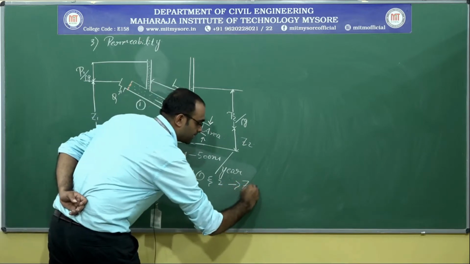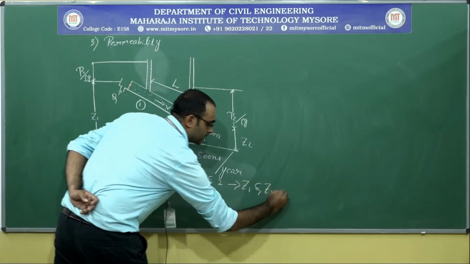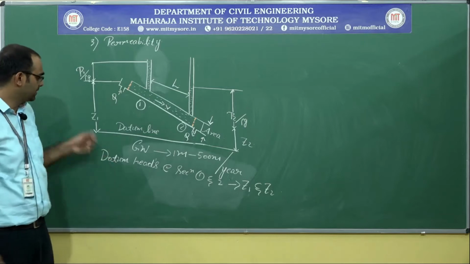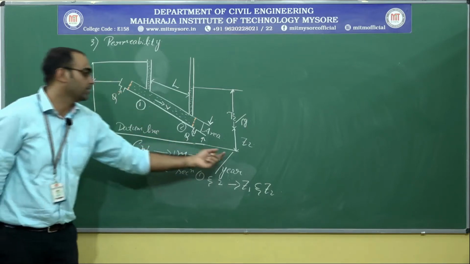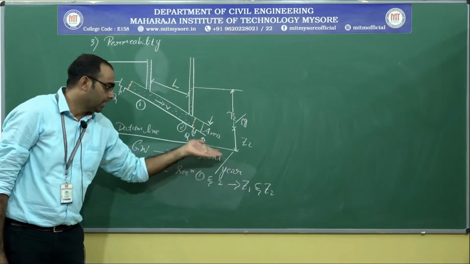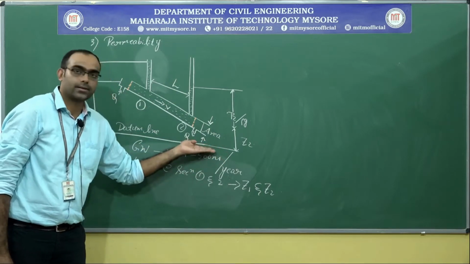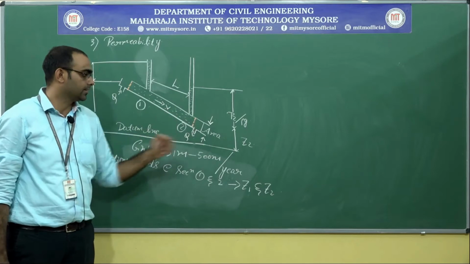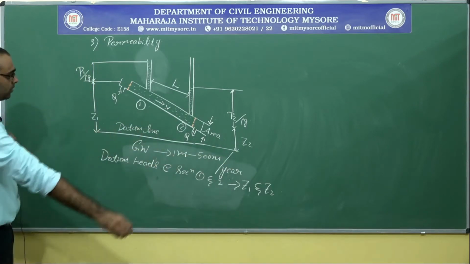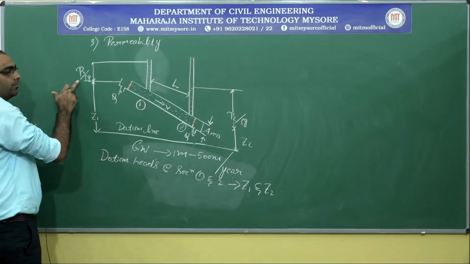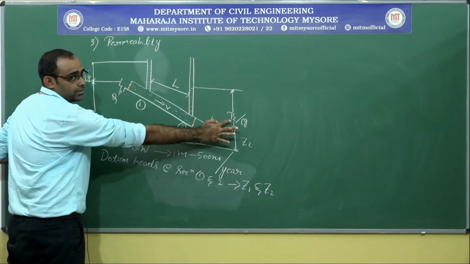The vertical height from this reference line to section 1 and the vertical height from this reference line to section 2 is nothing but the datum head. Clear?